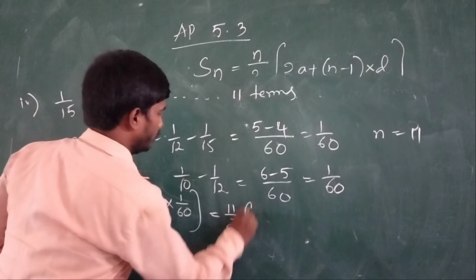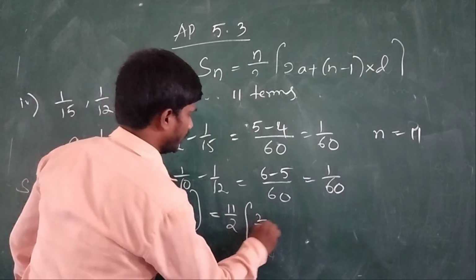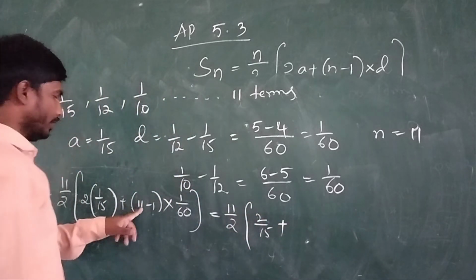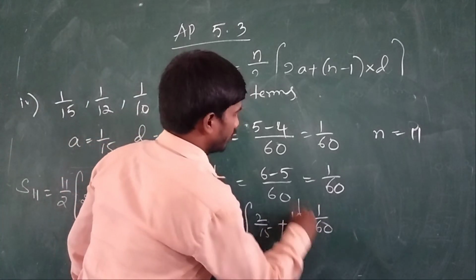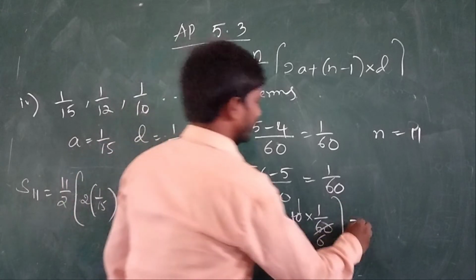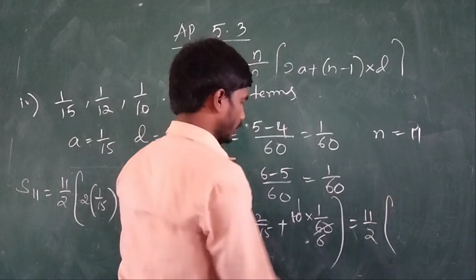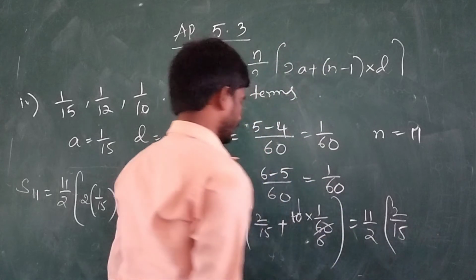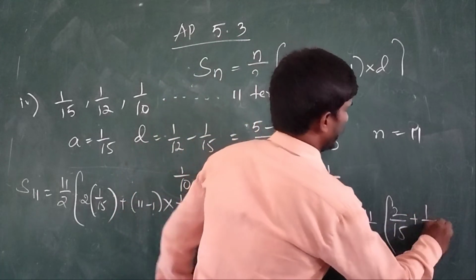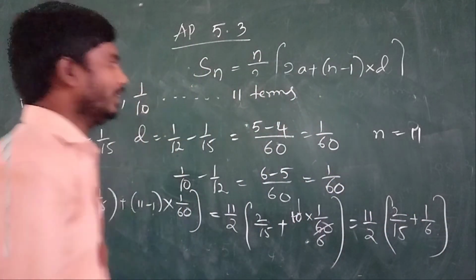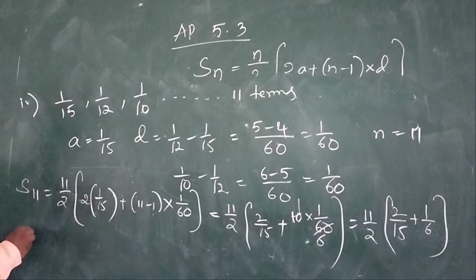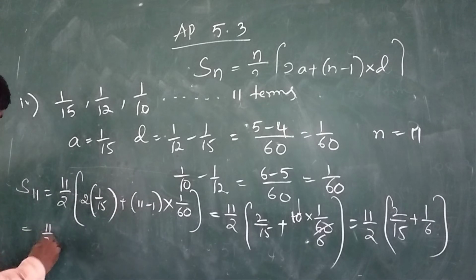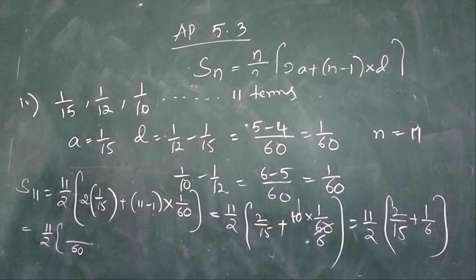That is 11 by 2 into 2 by 15 plus 10 into 1 by 60, so 1 by 6. So 11 by 2 into 2 by 15 plus 1 by 6, and continuation.